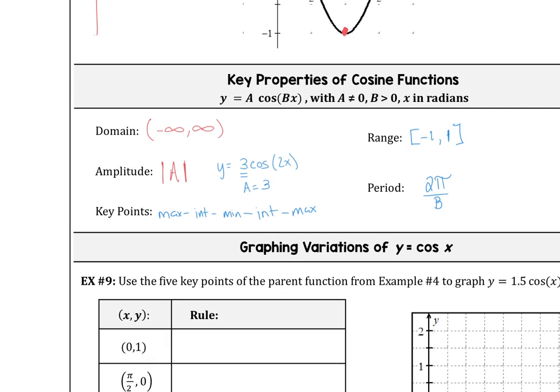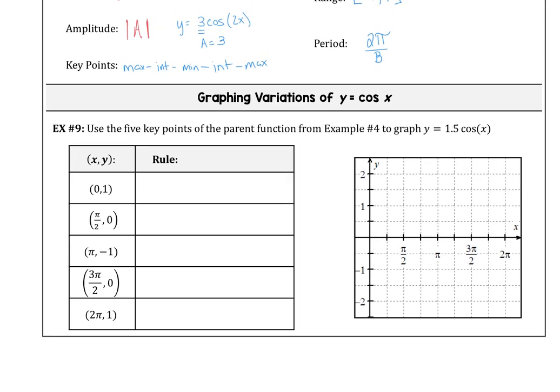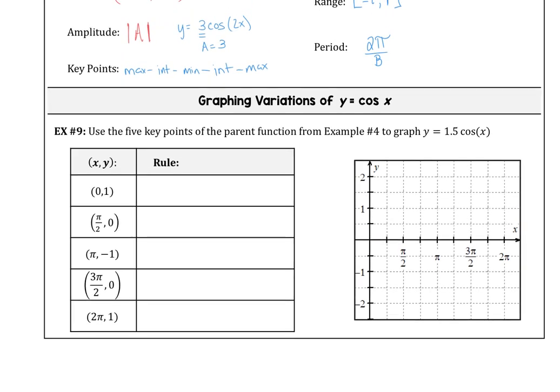So let's look at this example here. We're going to use our 5 key points of the parent function, and our graph is going to be 1.5 cos(x). So that's what I was talking about here. The 1.5 here is going to be our amplitude.